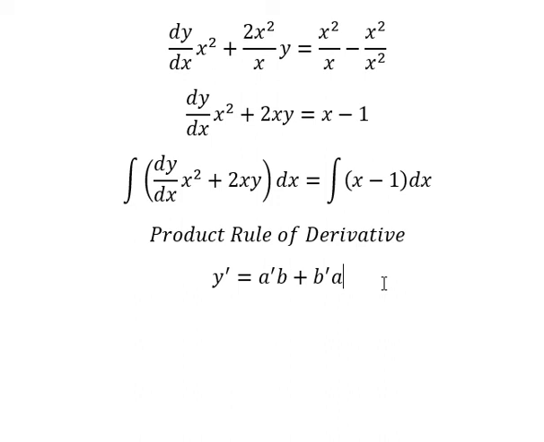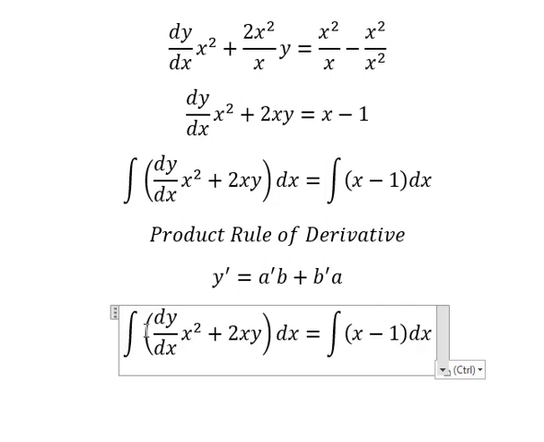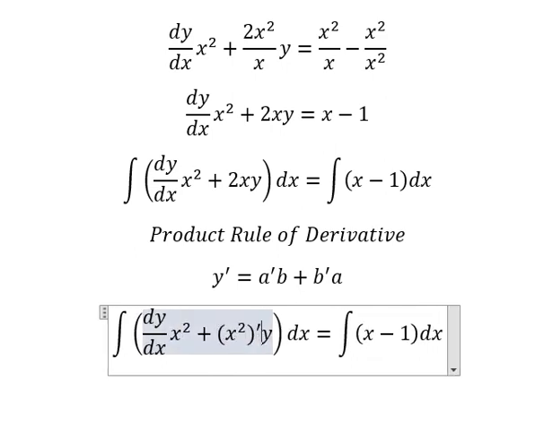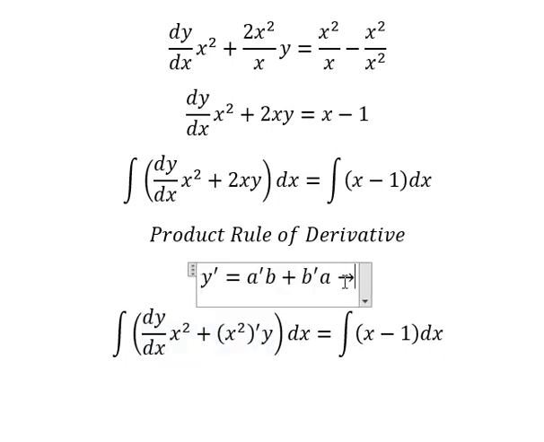So if we look carefully at this one, we have the first derivative of a multiplied by b. This one we have the first derivative of b multiplied by a. So the integration of this one, we have y equal to ab.